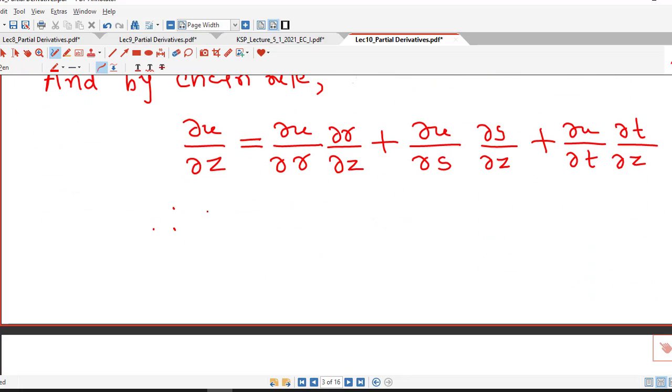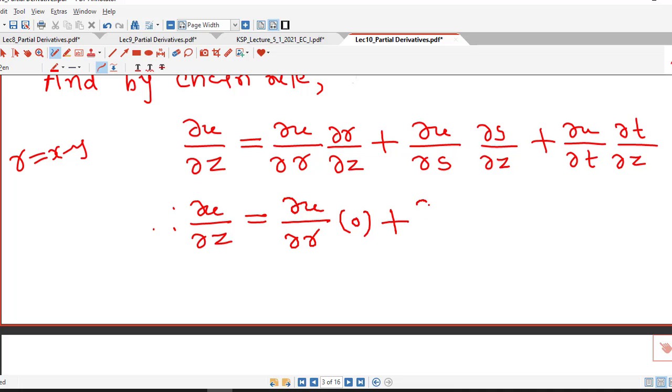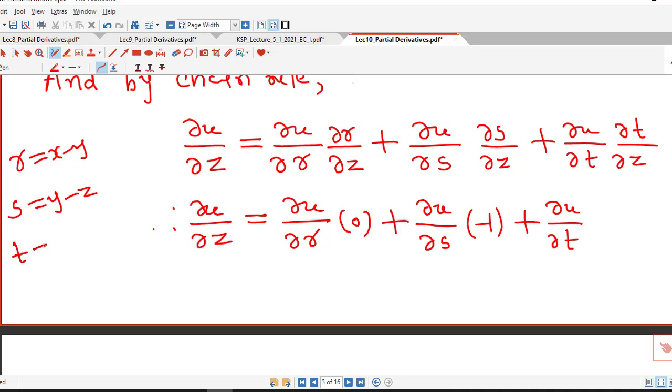So therefore partial derivative of u with respect to z, r is x minus y, so del r by del z is 0, plus del u by del s, s is y minus z, so del s by del z is minus 1, plus del u by del t, t is z minus x, so del t by del z is 1.